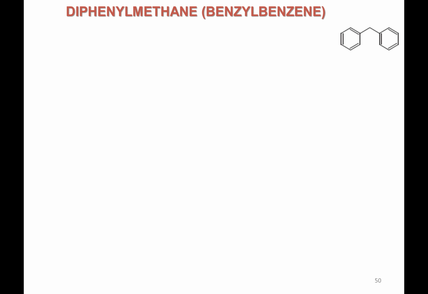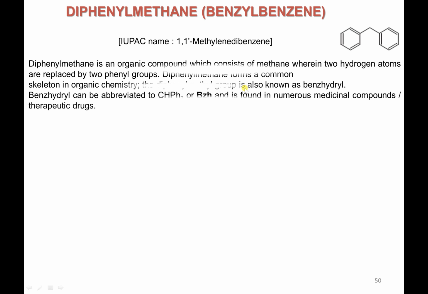We see some derivatives like diphenylmethane also, called benzylbenzene, which is also commonly called a benzhydryl group. The IUPAC name is 1,1'-methylenedibenzene. It's an organic compound consisting of methane wherein two hydrogen atoms are replaced with two phenyl groups.